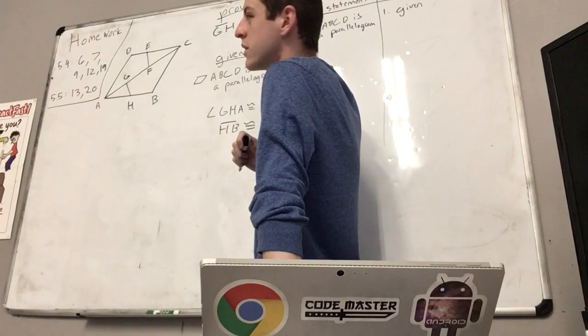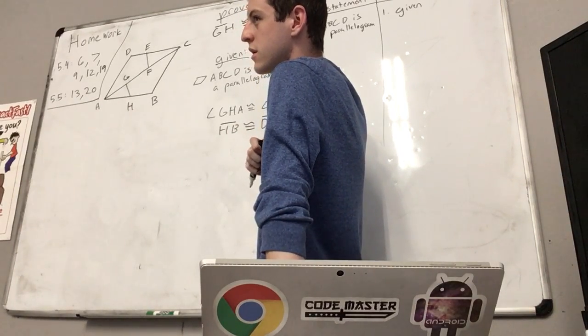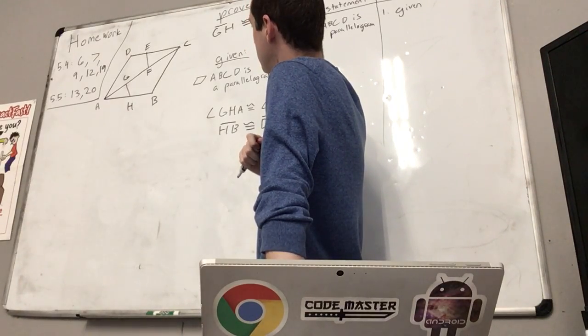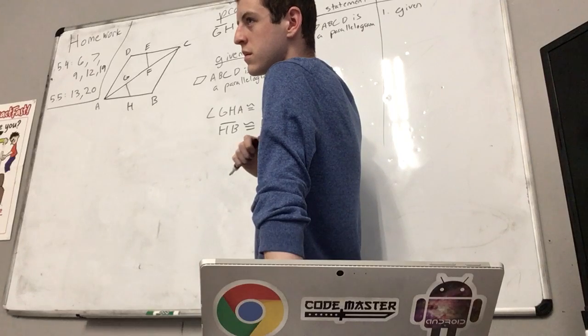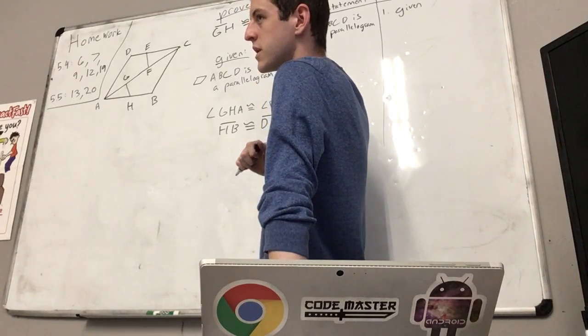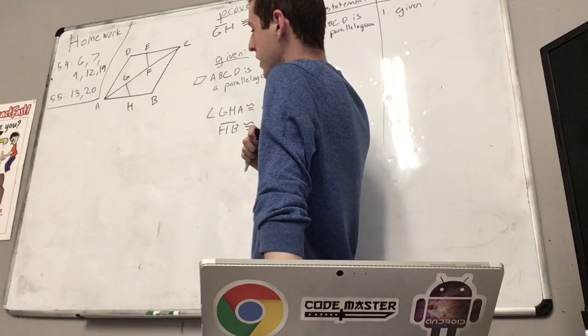So what about GH? And then after that, because AC is kind of like a transversal, the alternate interior angles GAH and FCE are congruent. So what does that say about the whole? Actually, yeah, you can continue.